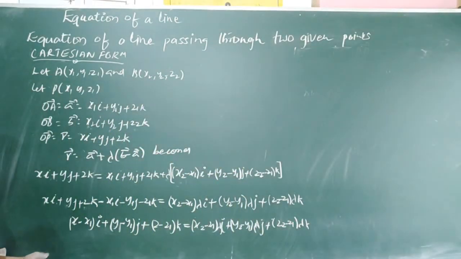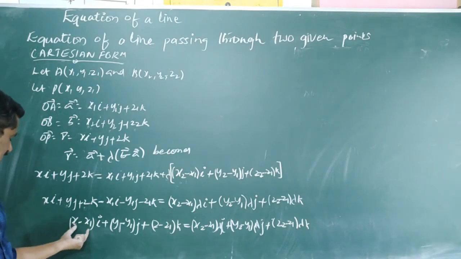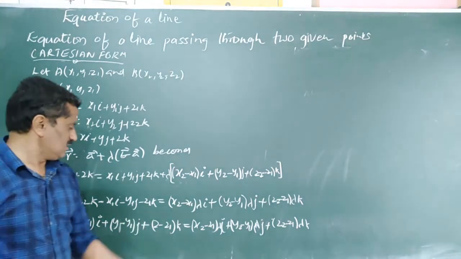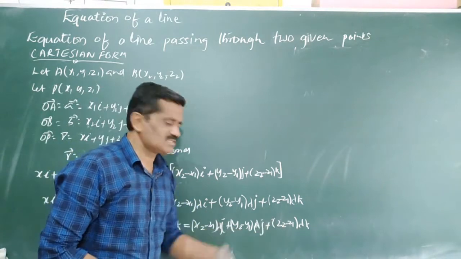Now compare this, so this is in terms of xi plus yj plus zk.